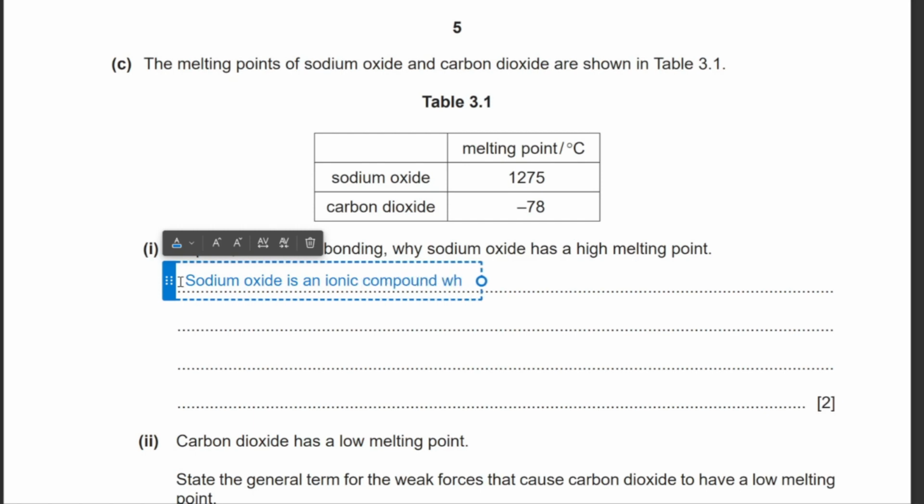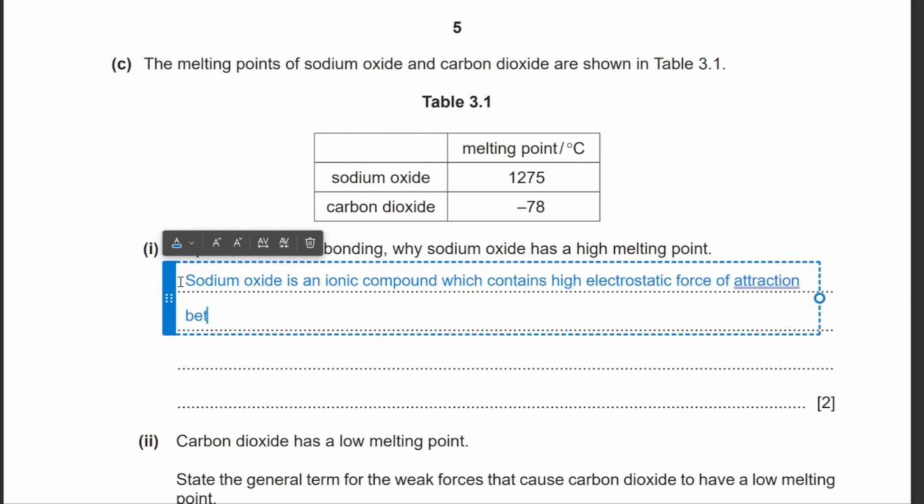which contains high electrostatic force of attraction between two oppositely charged ions, which is very hard to overcome.